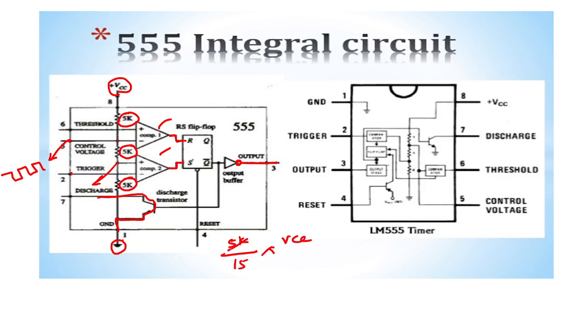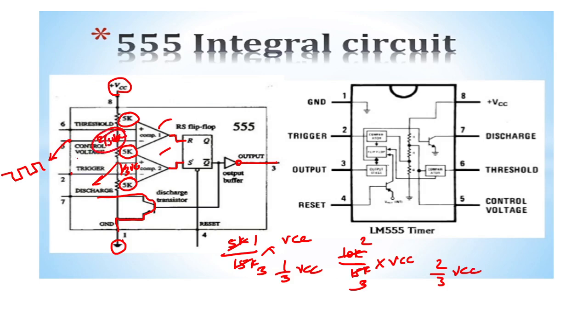That is one third VCC, so the voltage here is always one third VCC. Here, it is 5 plus 5, 10k divided by 15k into VCC, which is two-third VCC.